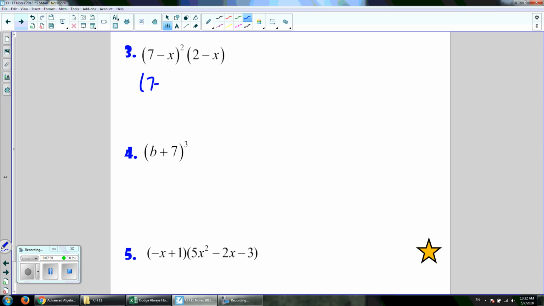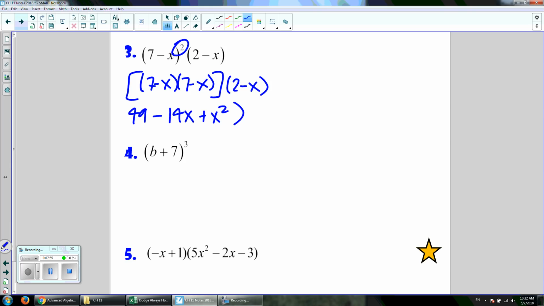So I should have a 7 minus x times another 7 minus x. That we're going to do first before we multiply it by the 2 minus x. So first I have to do this guy. I'm going to FOIL those. So that's 49 minus 14x plus x squared. And then I'm going to take that answer times 2 minus x. So now I have a trinomial being multiplied by a binomial.